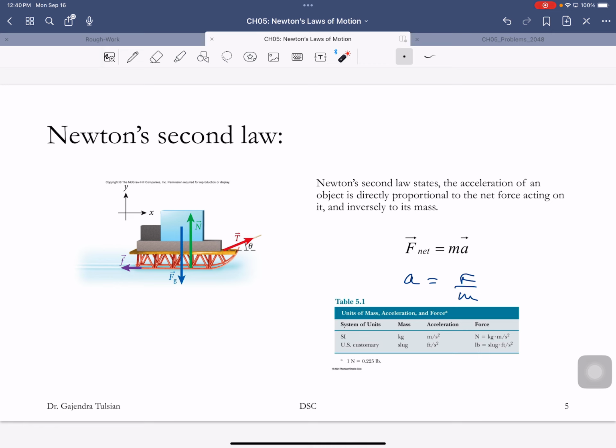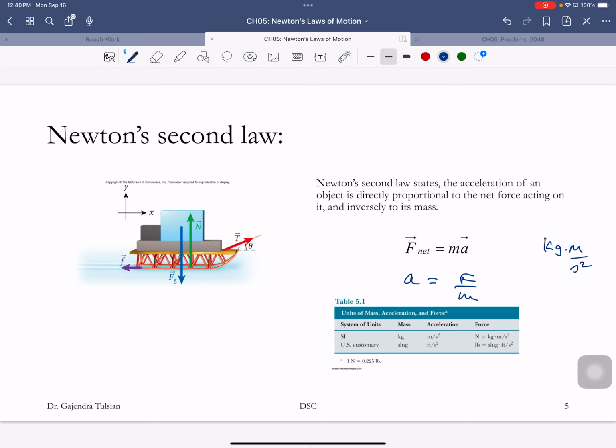What are the units for the force? We'll almost exclusively deal with SI units. Mass is measured in kilograms, acceleration in meters per second square. So the units for force are kilograms meters per second square.